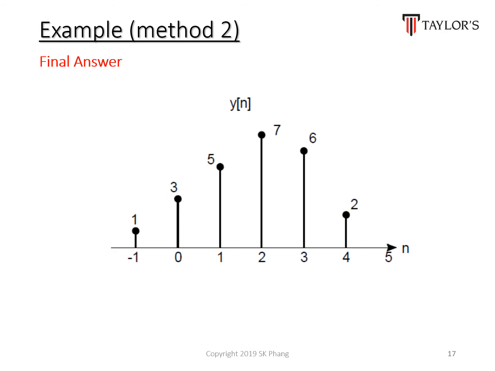The first answer here is y[n] at n equals minus 1. So you got 1 just now when you did the calculations. And this is y[0], and you get 3. And this y[1], y[2], y[3], y[4], and as I said earlier, y[5] and above are all 0. So we need not even show them.